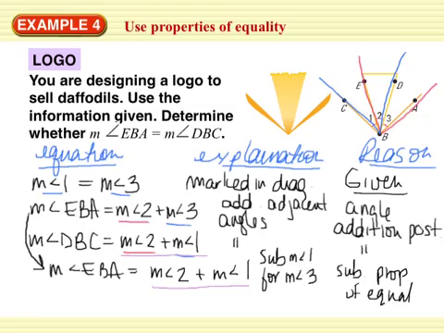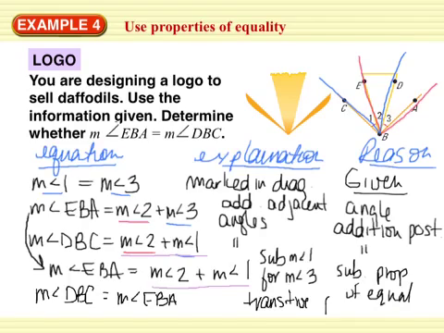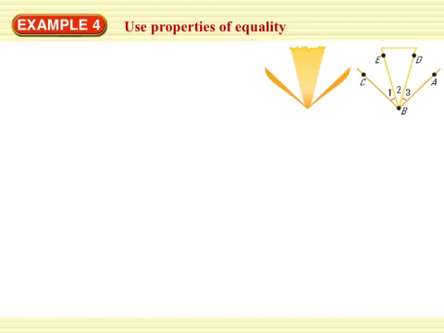So I can say that the measure of angle DBC is equal to the measure of angle EBA because of that transitive property. And we're done. I know that was hard. We'll do more. Give it a minute. And look, I left more space for myself. I should have used that. That got a little crowded there at the end.